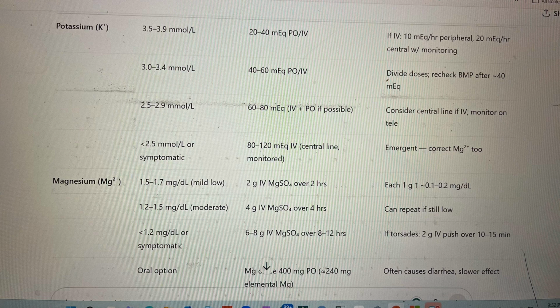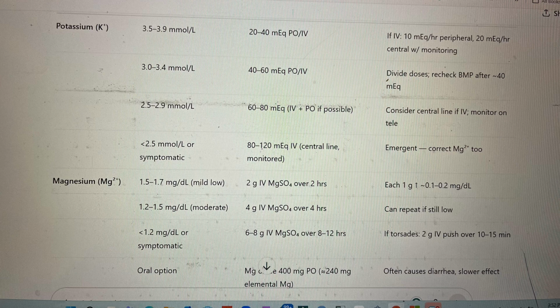So let's talk about the magnesium first. The normal magnesium level is more than 2, and mostly we treat magnesium if it is less than 2, because hypomagnesemia can cause arrhythmia, especially AFib and torsades. So how much do you give?